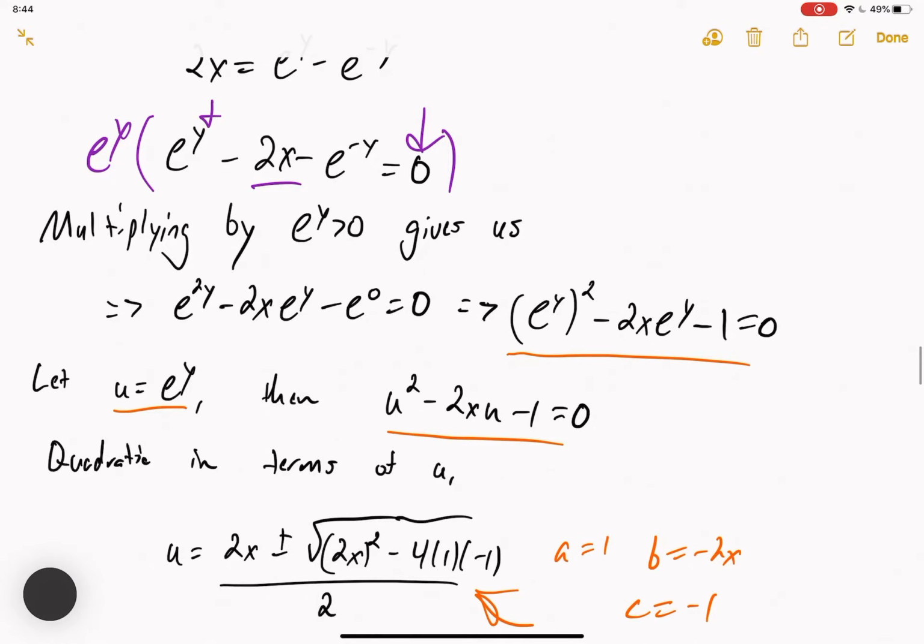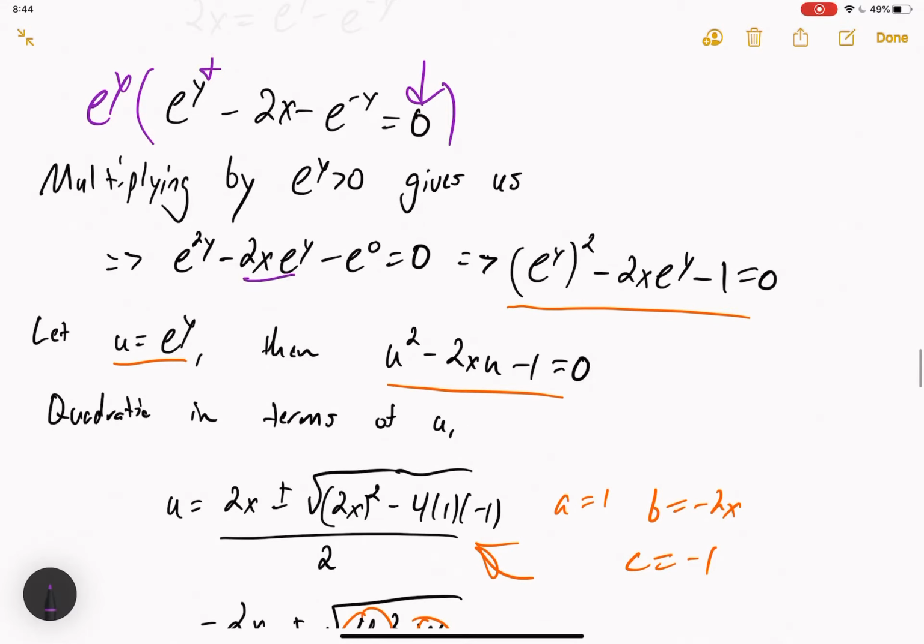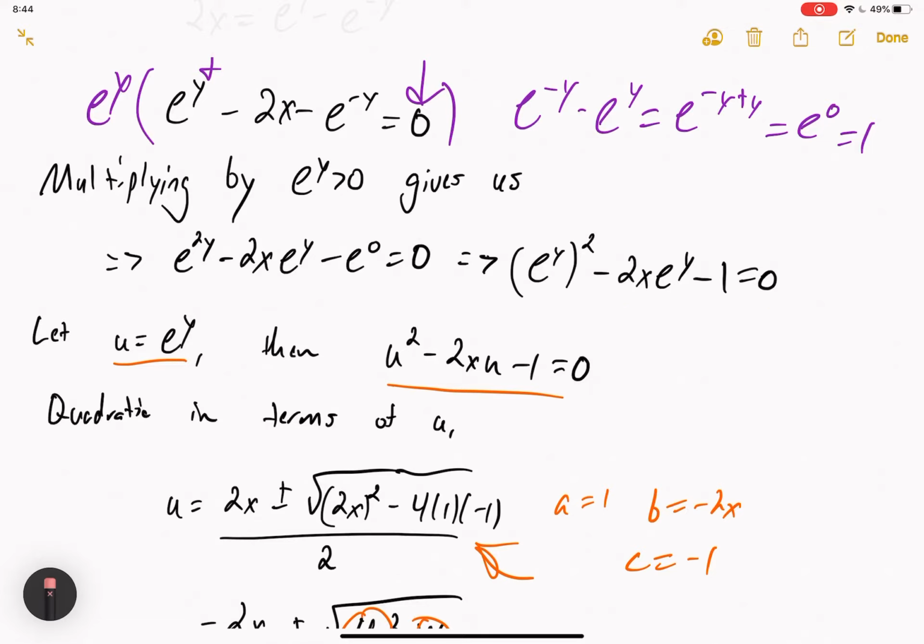Here we get 2x times e to the y, which is this piece right here. Then we get e to the minus y times e to the y, which is e to the negative y plus y, so e to the 0, which is equal to 1. So that's how we get this piece right here. But really what that is, is e to the y squared minus 2x e to the y minus 1 equal to 0. And that's our expression.